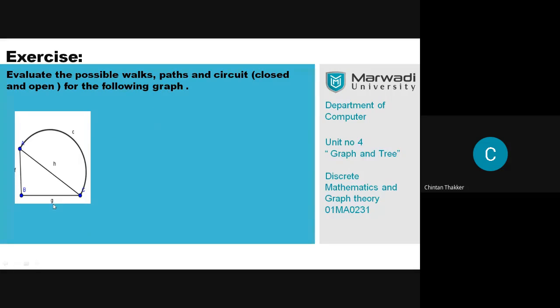See, the vertices are denoted by capital A, B, and C. The edges are denoted by C, H, F, and G. Okay. So everyone has to write one walk, one path, and one circuit in the chat box. Write it down.